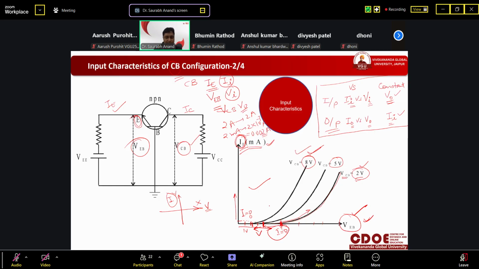In this case, it is only till this point. So it is continuously decreasing. If we draw for 9 or 10 volt, it will again be reduced like this. So it will continuously shift, and we will get the input current at a lower value of voltage.